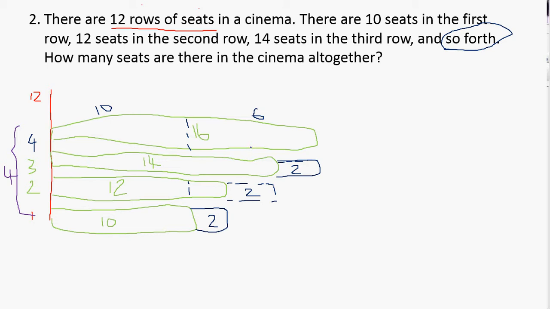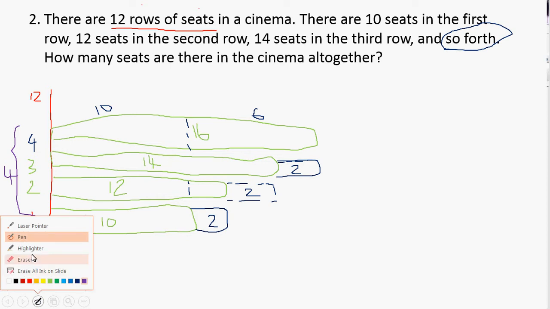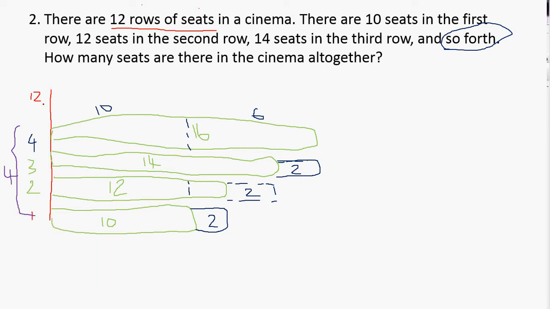True? Okay? Now you have 12 rows. Now here's the magic. You don't have to calculate everything. The magic is, you take this number and then you divide by this number. 12 divided by 4 is 3.